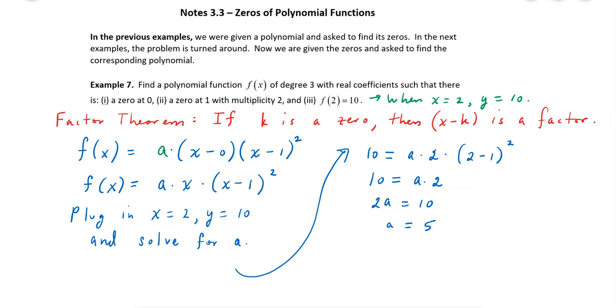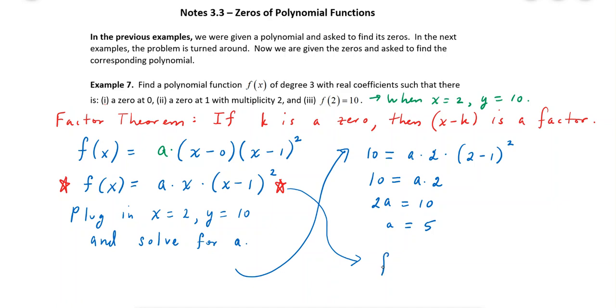And so then we can just go ahead and plug that in to our function. Remember we said this equation right here is exactly the answer, except we need to know what a is. Now we know what a is, we can plug that value of a back into this function, and we'll have our final answer.